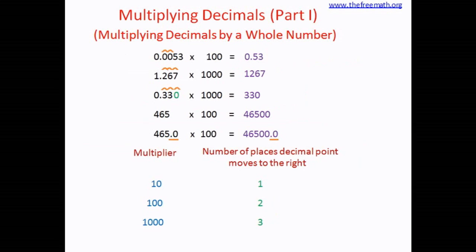So 465 can be written as 465.0, and you can still use the same logic. That is, when you are multiplying by 100, you move the decimal point to the right by 2 places. If you do that, the answer would be 46500, that means 46,500. So the chart that we learned here is applicable for whole numbers also.